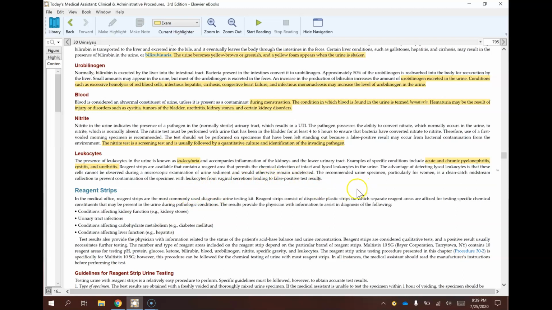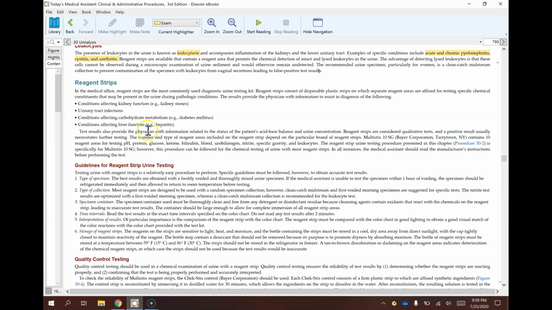So having that is especially important. For instance, an office that saw a lot of women in the urology department would have that special strip.